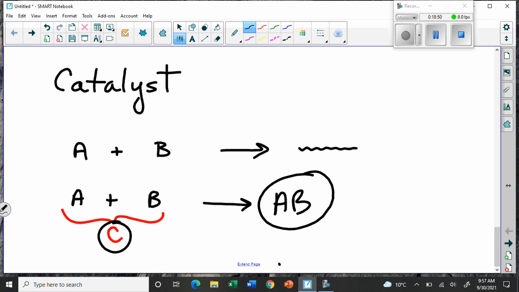It's a thing that somehow helps two other things get together. How it does that is quite complicated. But I can tell you that one of the ways in which catalysts can work is by providing specialized shapes. In biology, we use catalysts for everything. Living things like you and me, we are dependent on catalysts to make all of our chemical reactions work.